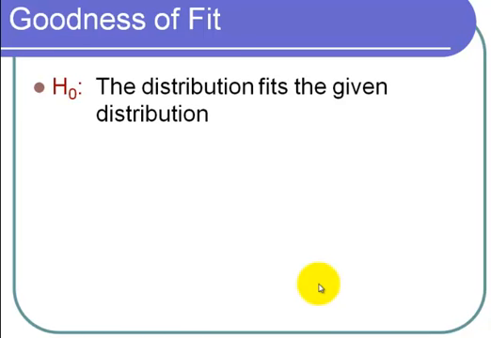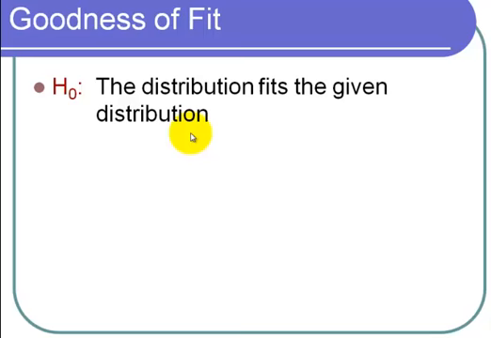So in any hypothesis test, there's a null hypothesis, and there's an alternative hypothesis. The null hypothesis for the goodness of fit test is the distribution fits the given distribution. Of course, we're not going to just say the distribution fits the given distribution. We might say the distribution is uniform, or the age distribution of our town is the same as the distribution of the United States.